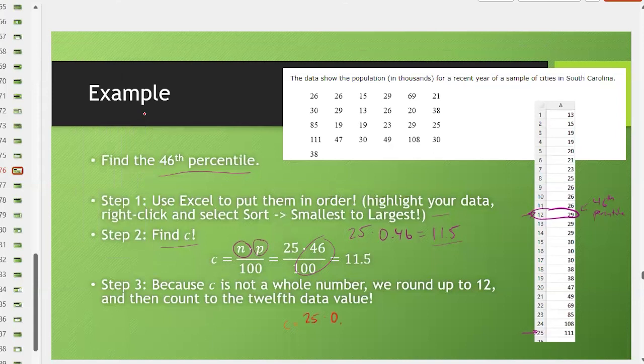We want the 85th percentile, so times 0.85. We can do it that way. 25 times 0.85 is going to give us 21.25. It's not a whole number, so we're going to round up to the next value, which would be 22. And this would be our 85th percentile.